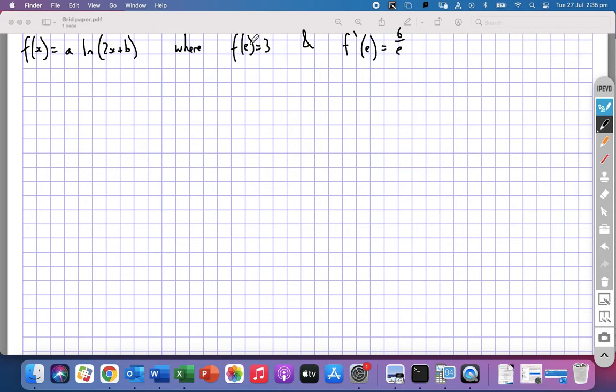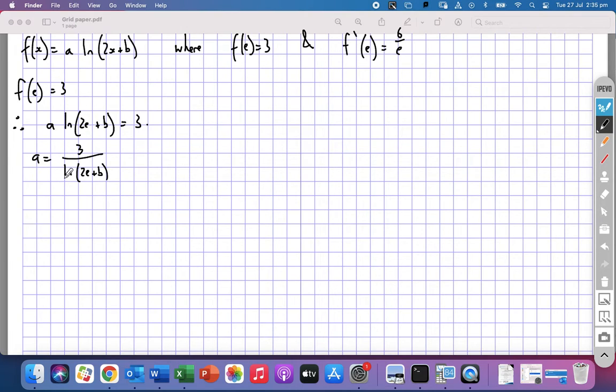So if we substitute in an e into this function, we know the answer equals 3. So therefore, a log 2e plus b equals 3. You might want to do some rearranging. We could say a equals 3 on log 2e plus b.